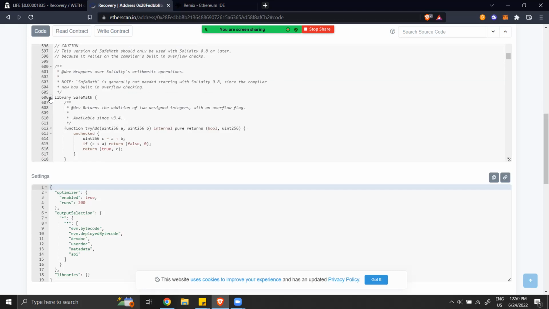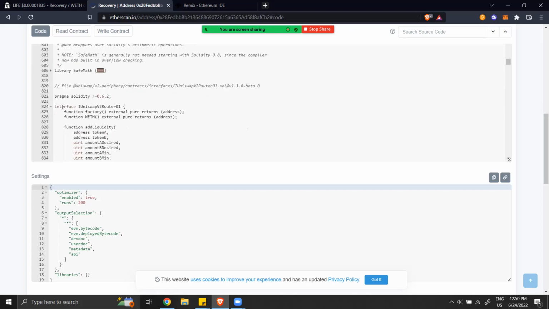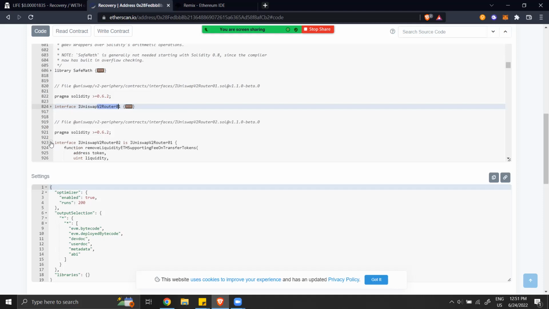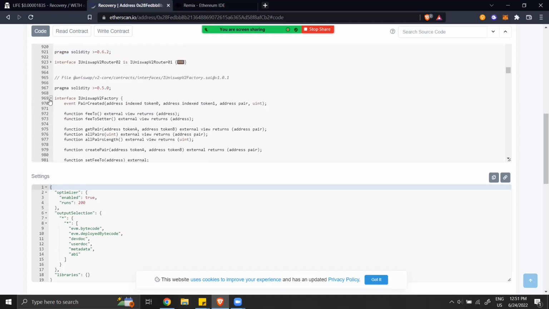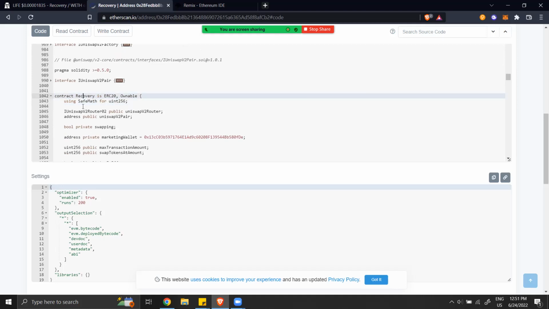This is called underflow and overflow. But I won't talk about this today. We will use routers from Uniswap. That's why they declare the interface here. And at the end, we will see our contract. Okay, our contract with both an ERC20 and Ownable.